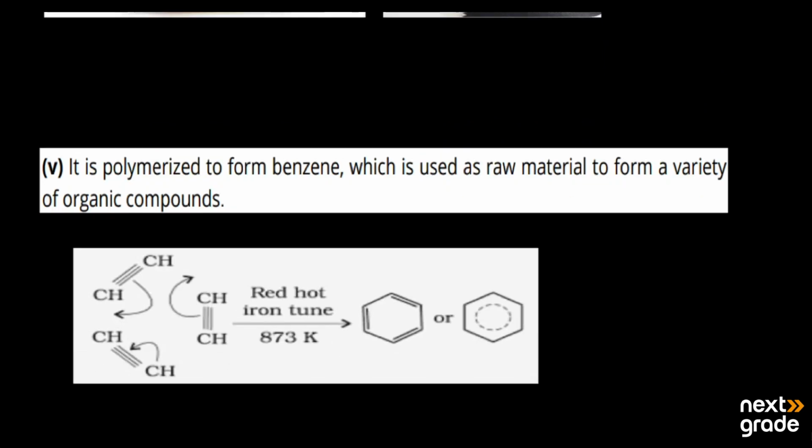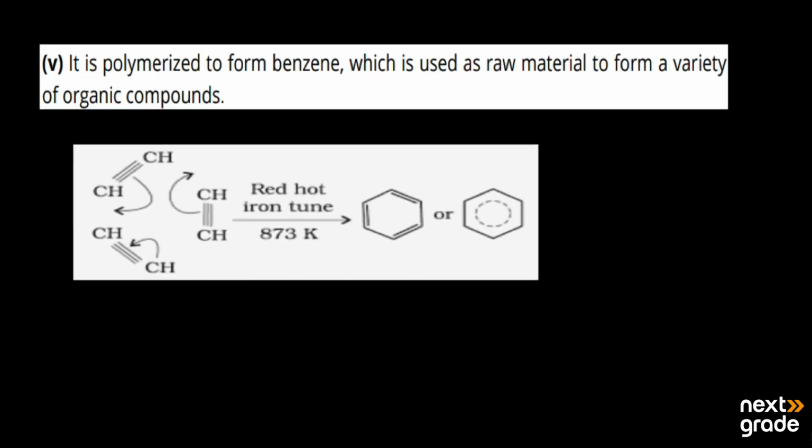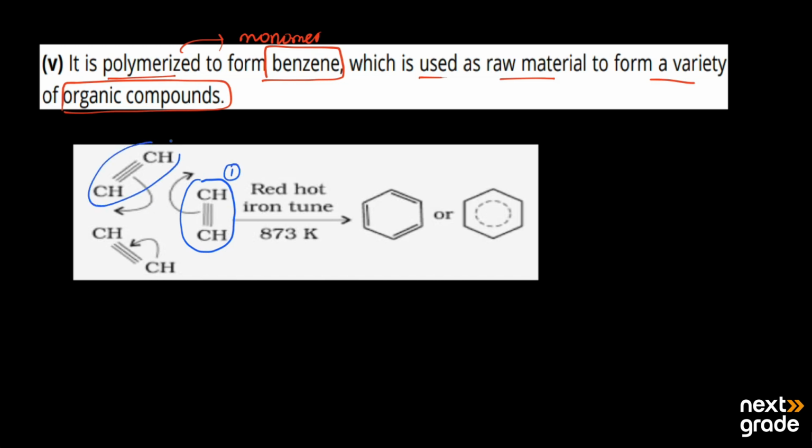After that, the fifth use is that it is polymerized. Polymerized means its different monomers are combined and we gain the product known as benzene. Benzene is used as a raw material to form a variety of organic compounds. Here you can see the first ethyne, the second ethyne, and the third ethyne.